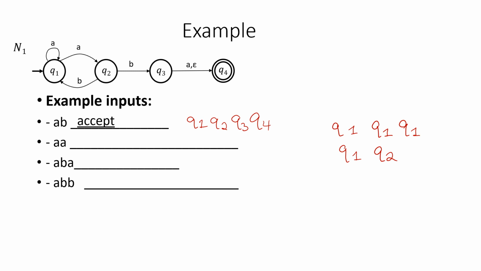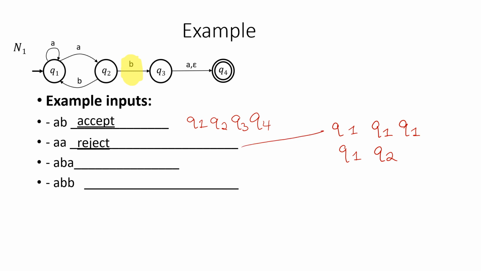So it doesn't matter what path I take, I'm not going to be able to get to Q4, so I'm going to reject it. And one thing you might notice here as a pattern is that there's this B in the center, so at least there has to be a B to go from Q2 to Q3 and get towards accepting.